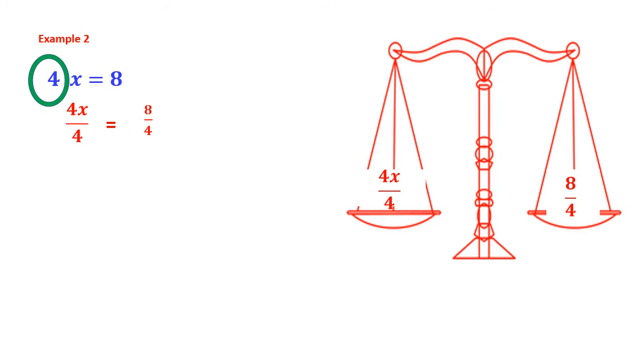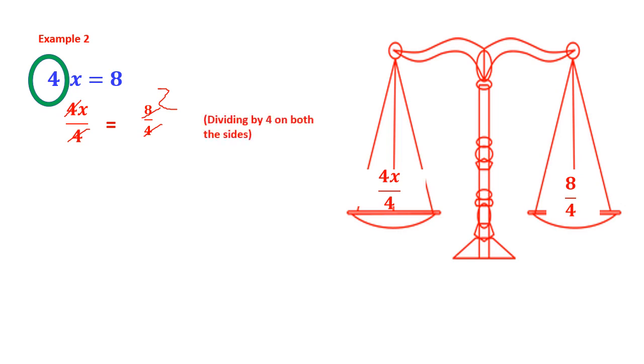And what happens in LHS? The 4 in the numerator and the 4 in the denominator get cut out, and we remain with only x in the LHS. And what about the RHS? 4 2s are 8.